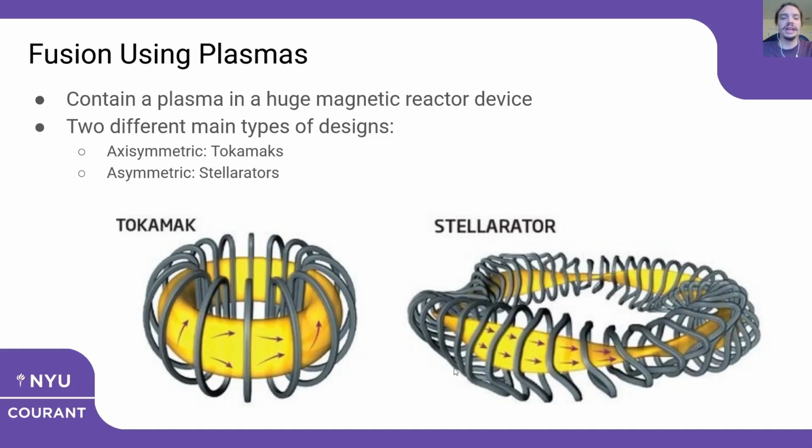And on the right, we have the asymmetrical ones. These guys are called stellarators. There are other kinds of devices, like magnetic hammers, magnetic mirrors, other things like that, and they're also interesting, but they're less well used. My research is all about stellarators, but during this talk, we'll also talk a little bit about tokamaks.